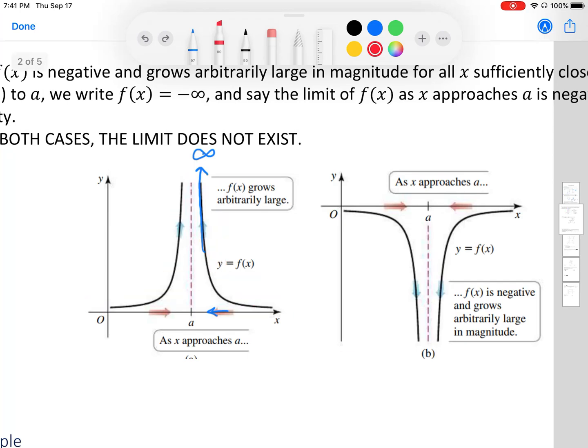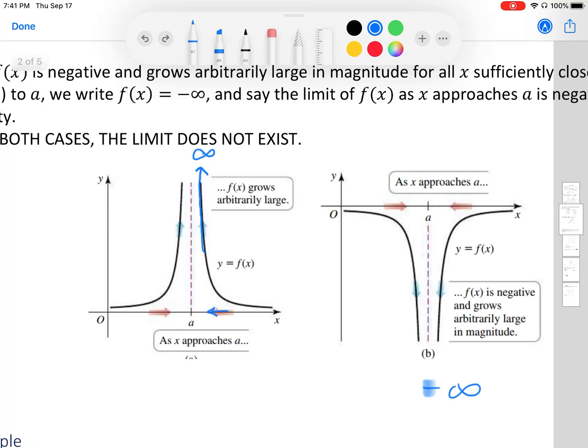Same thing for this other graph, B, but now we see that it's continuing downward to larger and larger negative values. So we say that it's approaching negative infinity. As you can see, the left side and the right side are both going towards negative infinity.